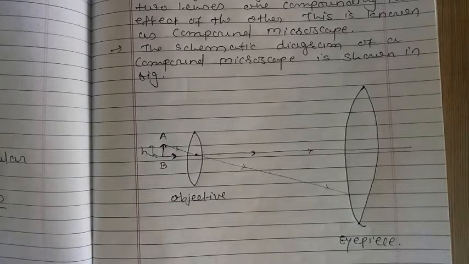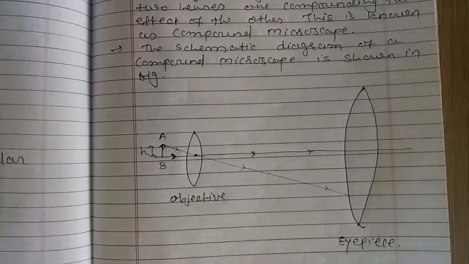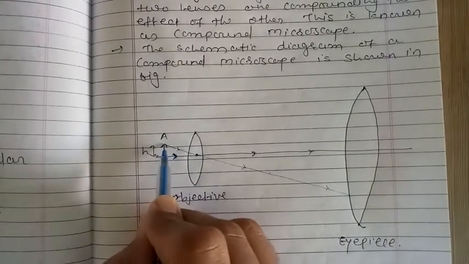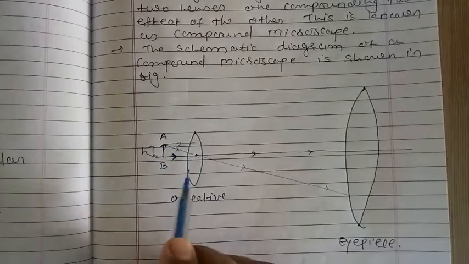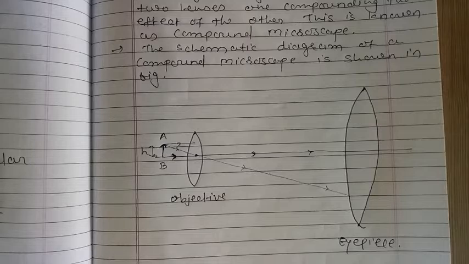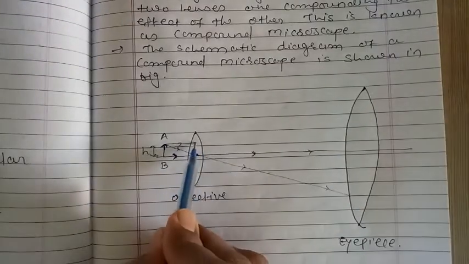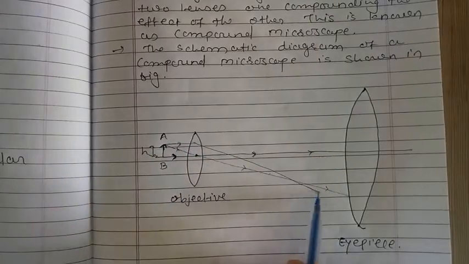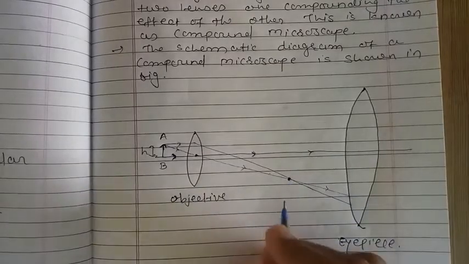Done. Okay, now the third ray, we assume, is parallel to the principal axis like this. Now we know that if it is parallel, then it passes through the principal focus. So here this passes through the principal focus and we get an image at this point, right?